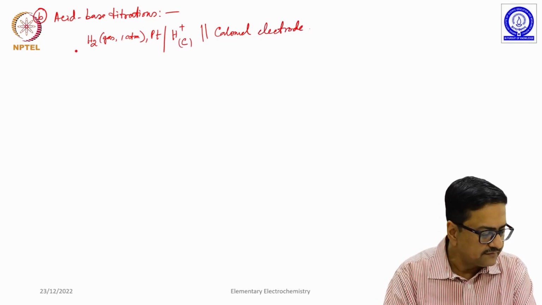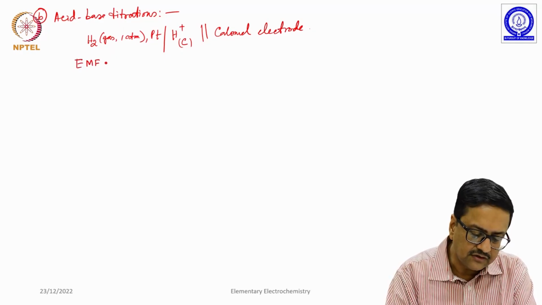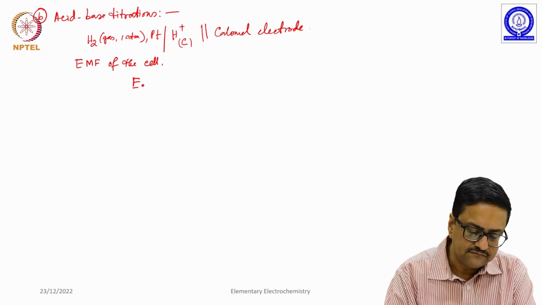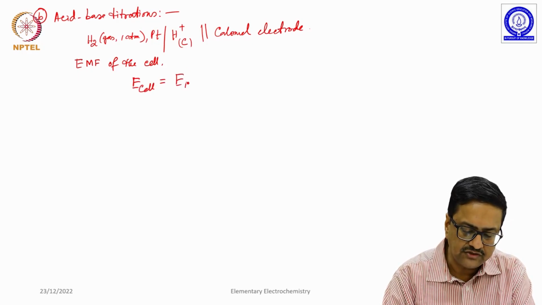So, in this case, the EMF of the cell will be E cell, which is equal to E hydrogen minus E calomel.